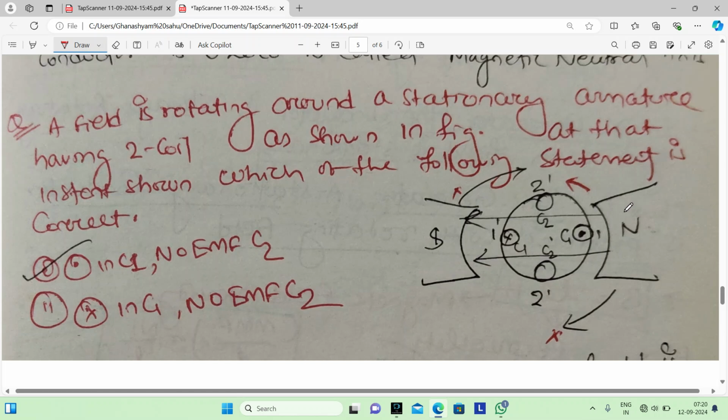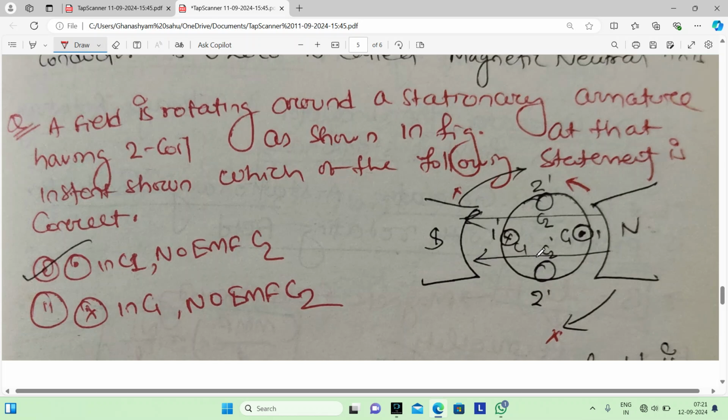If we see, the conductor is not moving, only the north pole and south pole magnets are moving in the clockwise direction, and the conductor is stationary. We have already studied cases where the conductor moves and the magnets are stationary, so this is a little confusing.